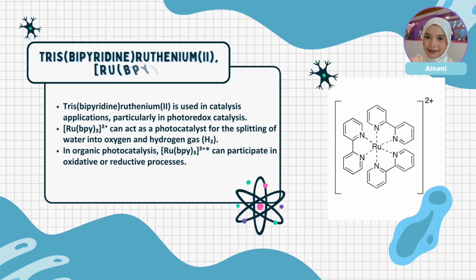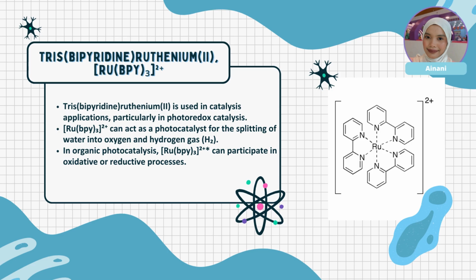Tris-bipyridine ruthenium(II) is a prime example of a metal to ligand charge transfer MLCT complex used in catalysis applications, particularly in photoredox catalysis. Photoredox catalysis involves the use of light to drive redox reactions through the generation of reactive excited states of photocatalysts.